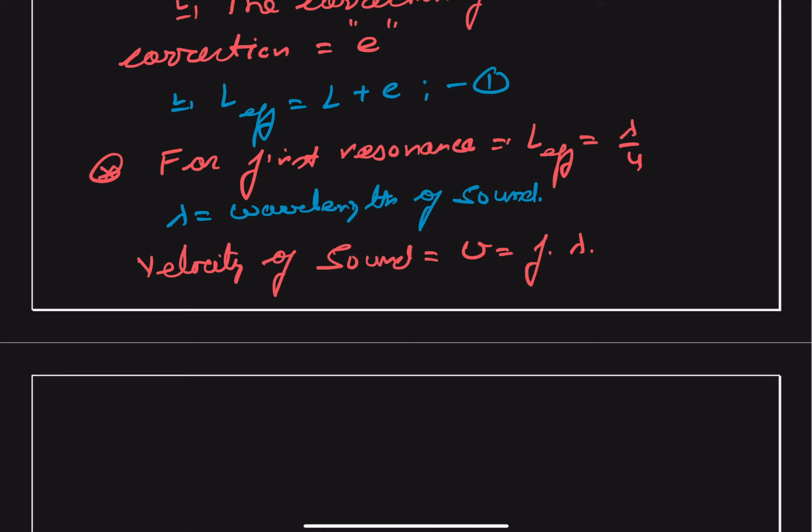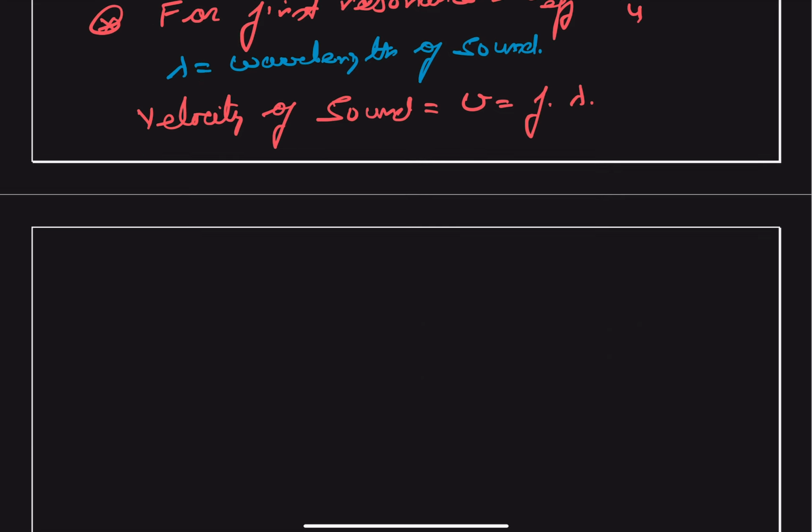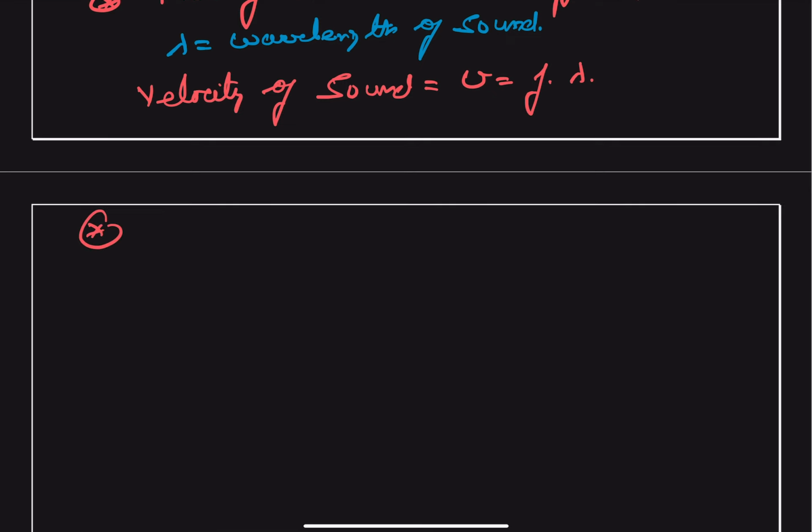Now we have two frequencies, so we are going to use equation 1 for both lengths of the tubes, L1 as well as L2. So let us call this the effective length for each tuning fork.